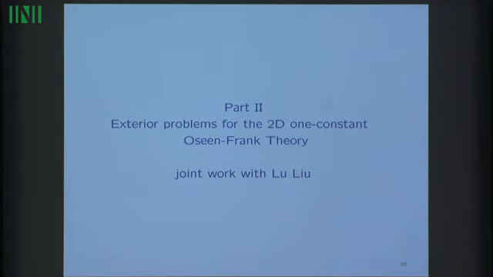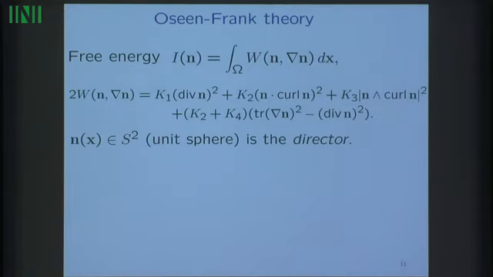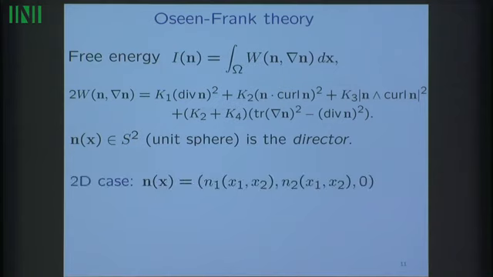So it concerns exterior problems for the two-dimensional, one-constant Oseen-Frank theory. So here's the Oseen-Frank theory that we'll be familiar with. It has a free energy I that depends on the director, through integrating this quadratic function of the gradient with some n's floating around, the ki's are the Frank constants, n belongs to the unit sphere.